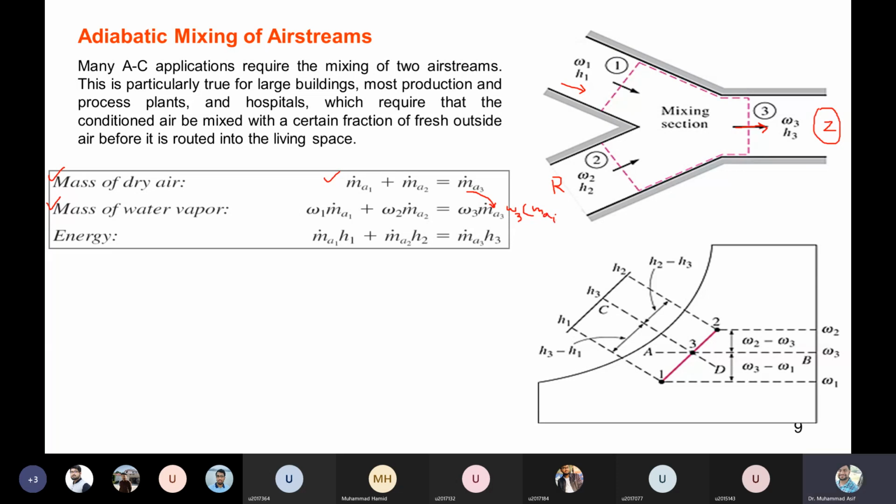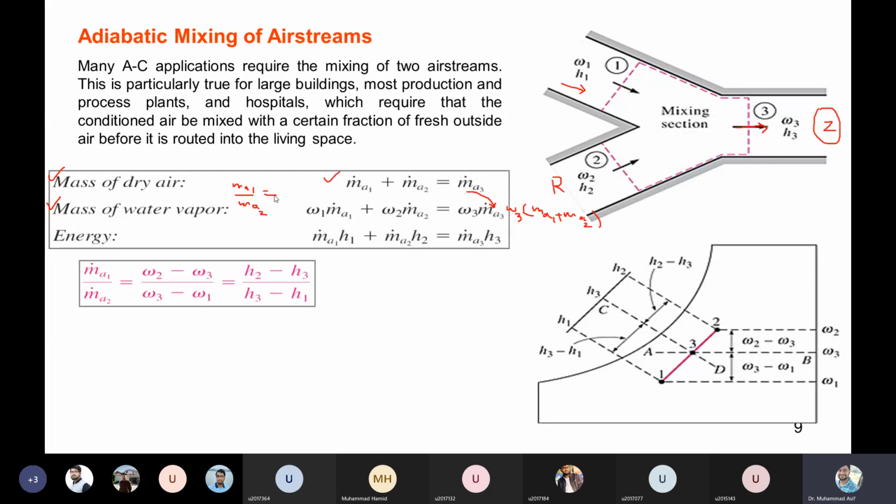On the other side we also have Ma1 and Ma2, so they will come to one side. We take common factors, and after simplification we get a ratio of Ma1 and Ma2.